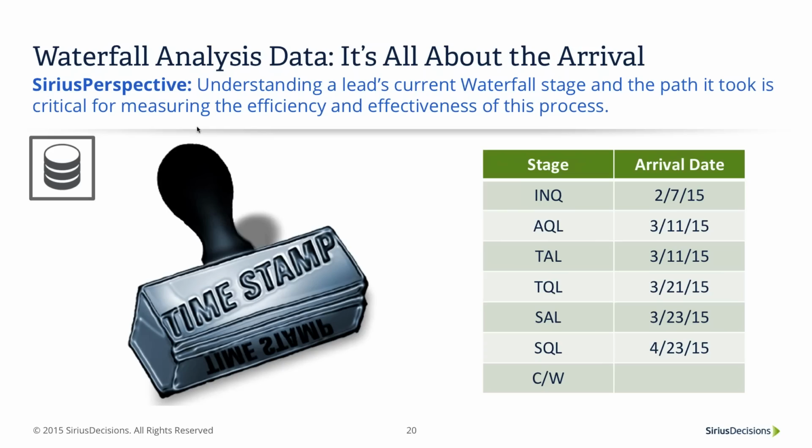And so as we talked about those different milestones that I called out on that demand waterfall, so inquiry or INQ, automated qualified lead, tele-accepted lead, tele-qualified lead, sales accepted lead, sales qualified lead, and closed won, we're going to be time-stamping those leads as they hit each and every one of those milestones.